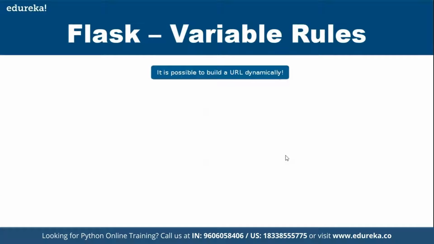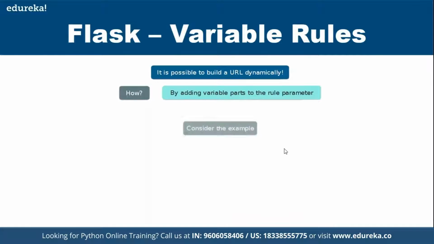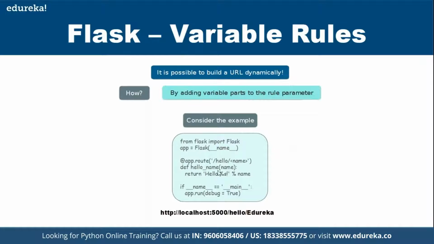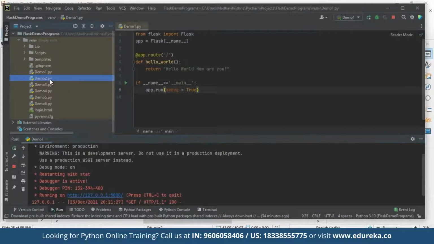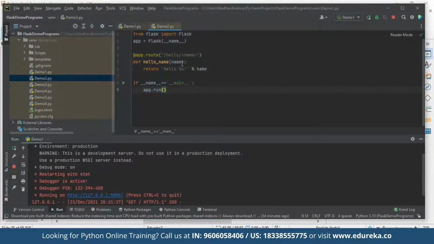Now there are certain variable rules here. What it means by variable is, you see there is a less than and greater than. Let me show a small demonstration on it. I'm putting the same thing. Whenever somebody puts /hello/something here, this function gets called.